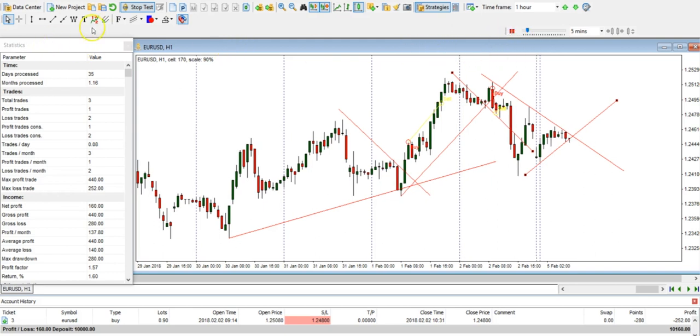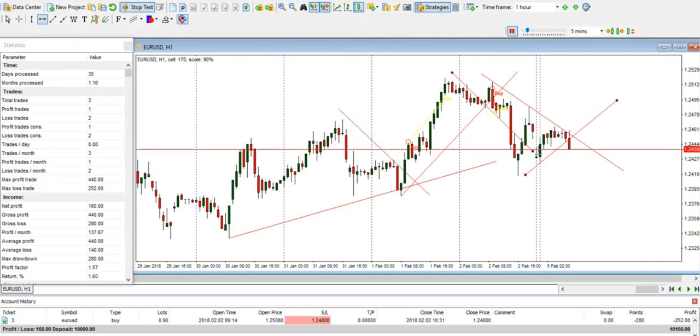Okay, so we have the sell line penetrated there. And we have the buy line penetrated. Okay, so what we can do now is we simply put in the order, what we need to do.